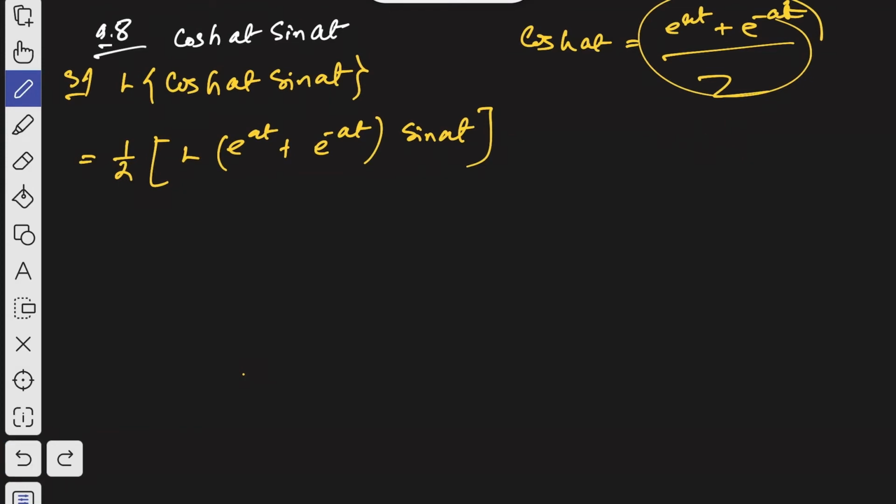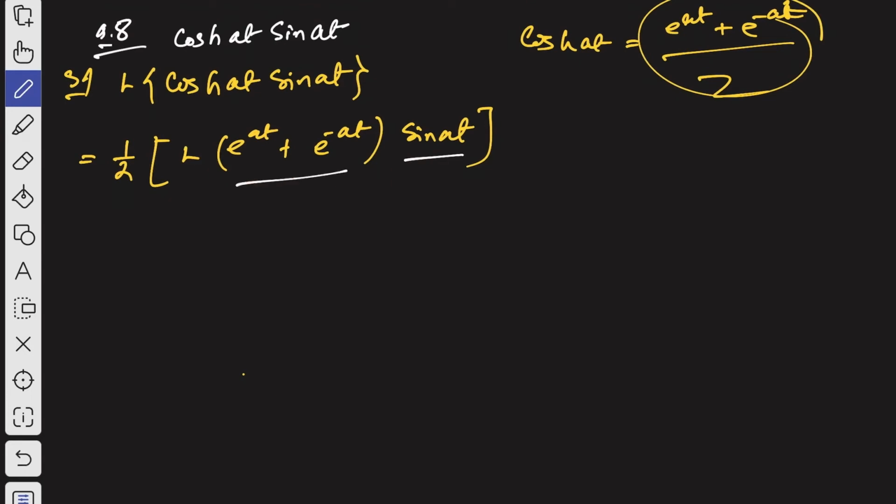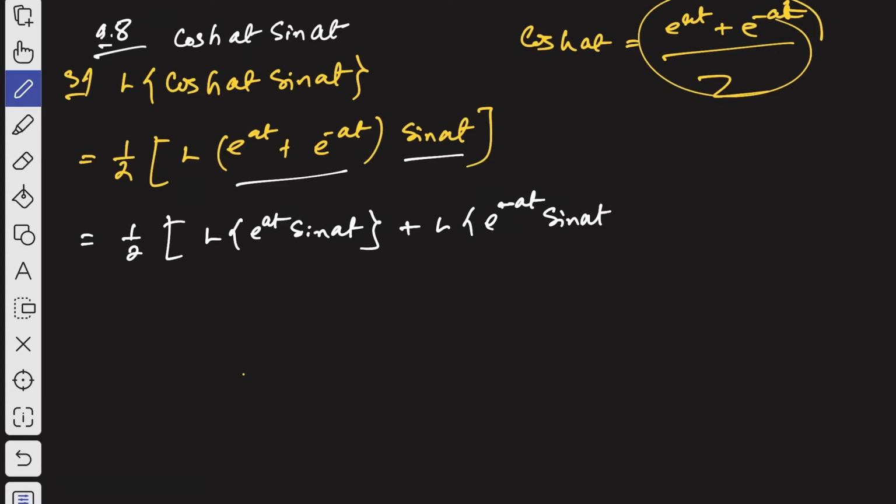So now let us expand this here. If you expand this, applying the linear property, you will get the Laplace transformation of e to the power at sine at. Again we need to apply the first shifting here. Then plus the Laplace transformation of e to the power minus at sine at, right? That's what we will get.